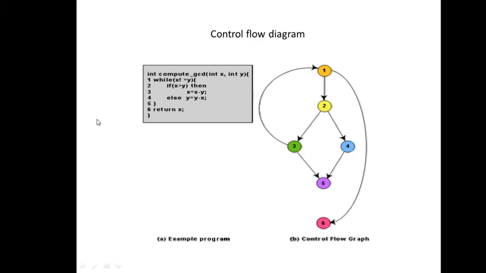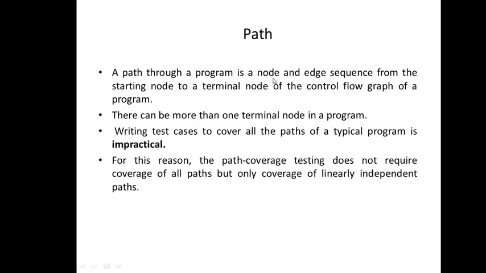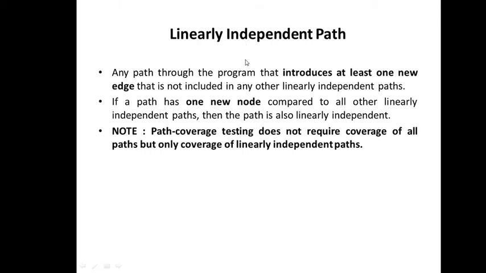So this is how we prepare it. So this was the example. Then I said, path is not feasible because we have many paths possible in a control flow graph. Then I said we have the concept of linear independent path, where we have one new edge or a new node. Path coverage testing does not require coverage of all the paths, but only coverage of linear independent paths.